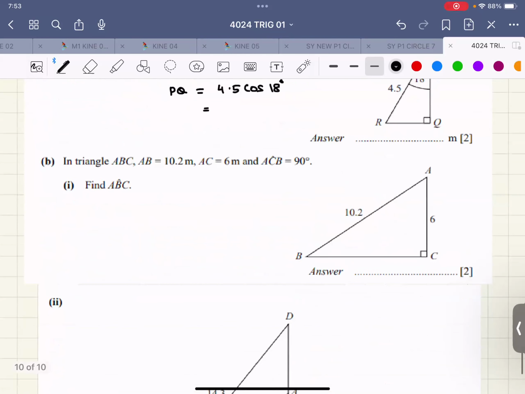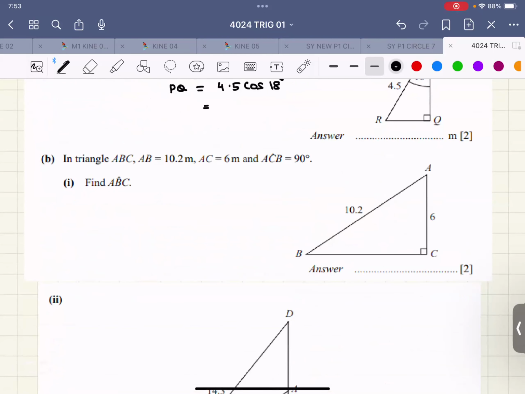Second question. Again, a right angle triangle. And we are interested in angle ABC. So let me just mark this line. This is the hypotenuse. And then the blue one is the opposite, depends which angle we are talking about. And this is the adjacent. But if you're talking about ABC, so for ABC, 6 is the opposite.